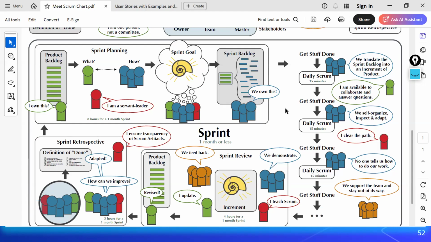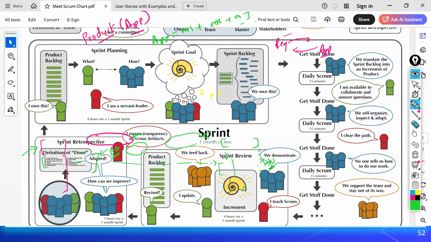Yes, you are correct. First of all, the name here is daily scrum. Daily, as in it is happening every day. You can have it at any time, but ideally you should do it as the very first thing in the morning before anyone starts their work.